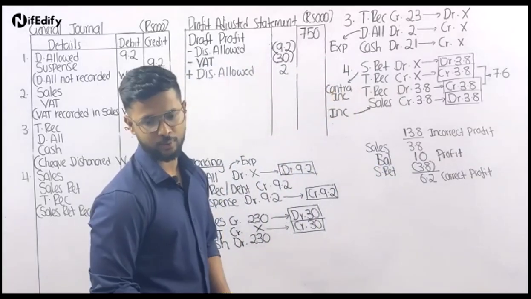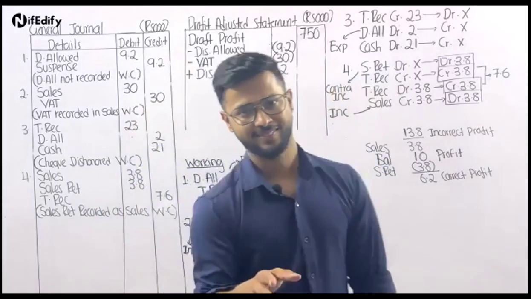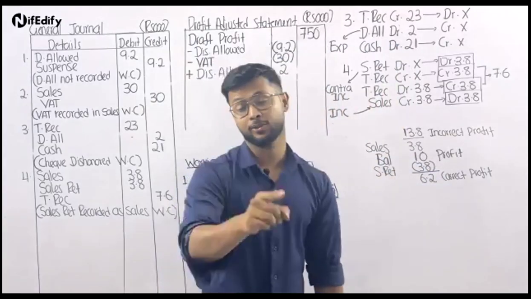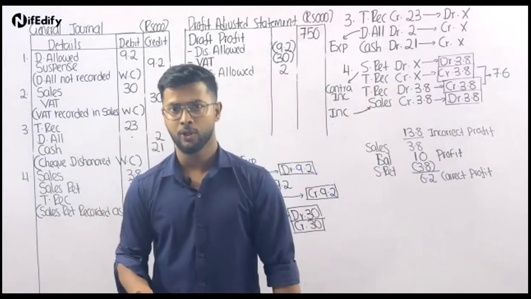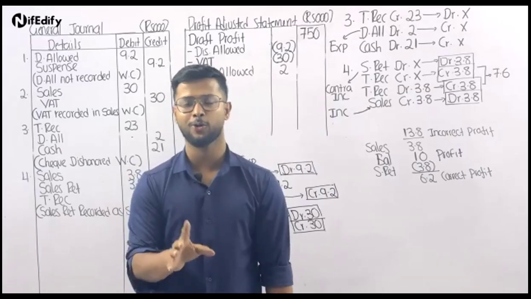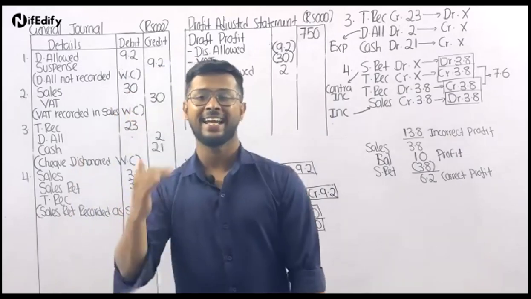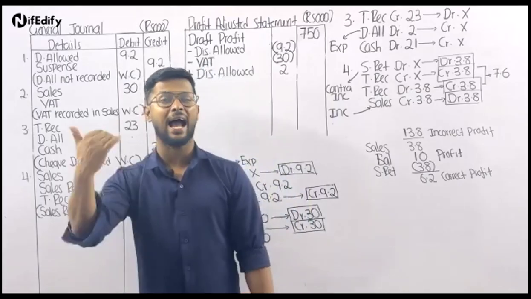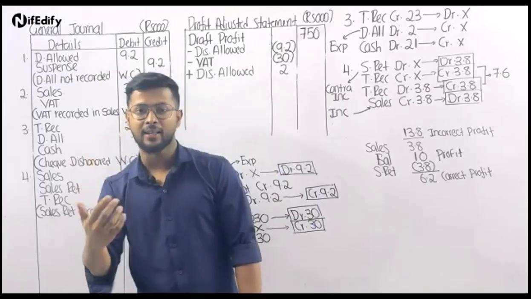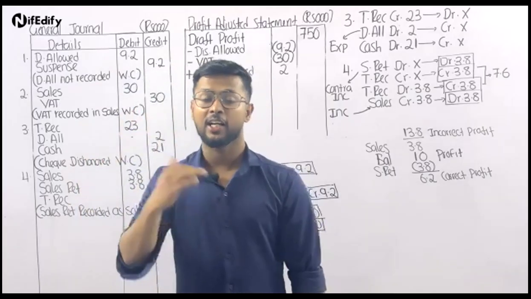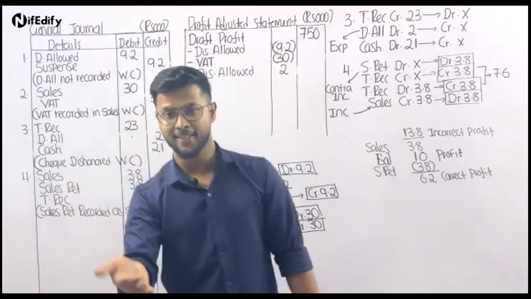Do I make sense to you? And this is golden rule number 2. This is not something new for you; I taught you this already. What's the golden rule? Instead of deducting, if you add, it will get added twice. Instead of adding, if you deduct, it will get deducted twice. Instead of debiting, if you credit, it will get credited twice.